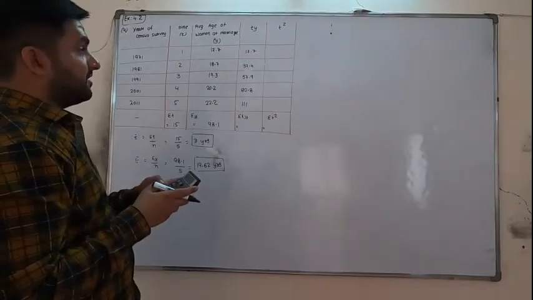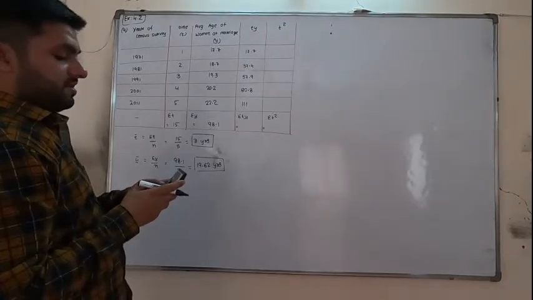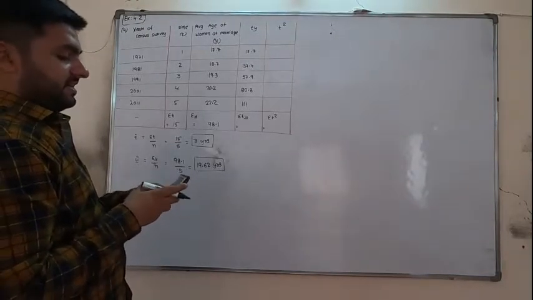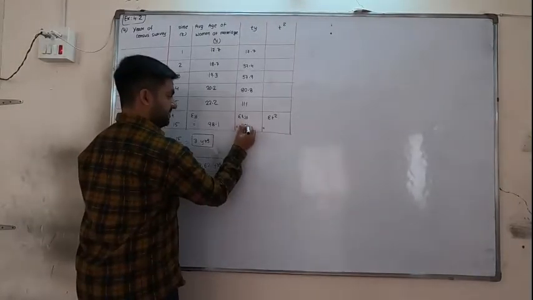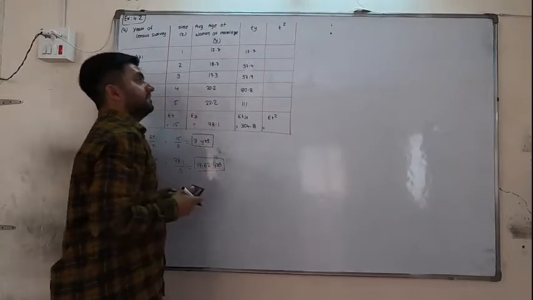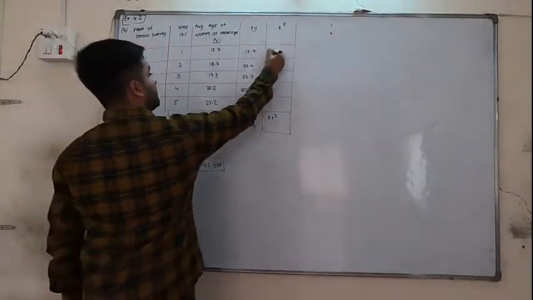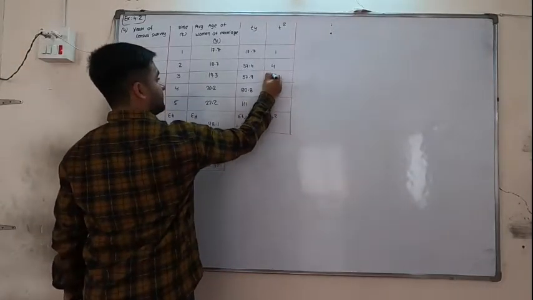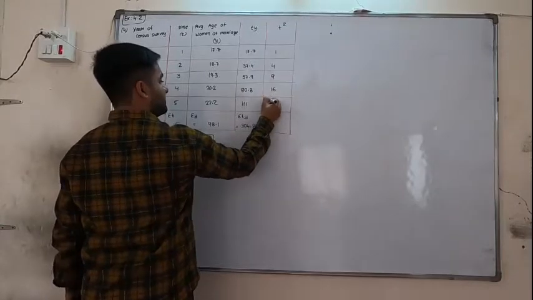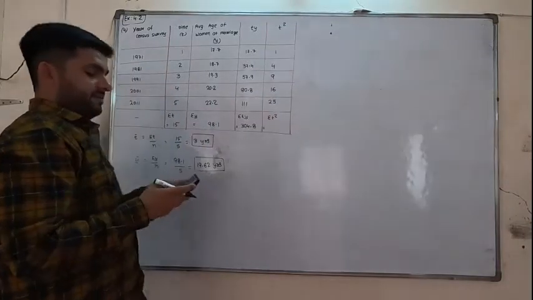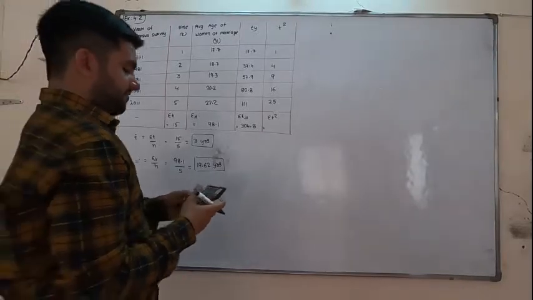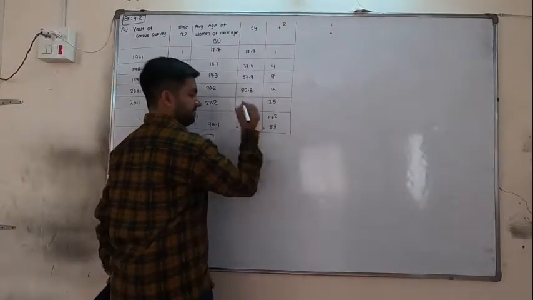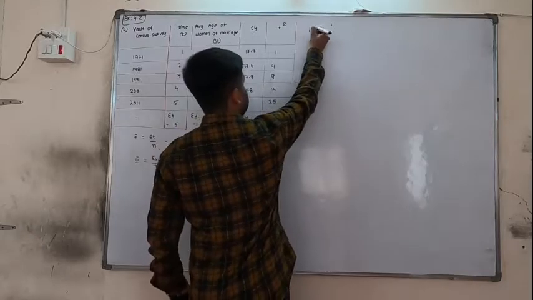So 17.7, 37.4, 57.9, 80.8, 111 add up to 304.8. Okay, 1 square is 1, 2 square is 4, 3 square is 9, 4 square is 16, 5 square is 25. 1, 4, 9, 16, 25 add up to 55.